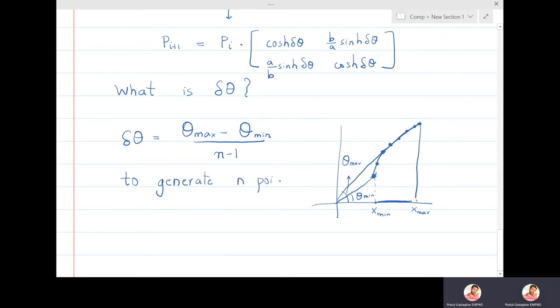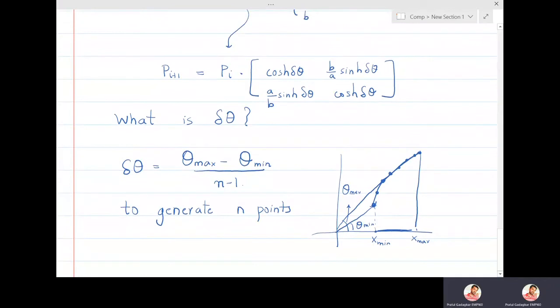Why am I taking n minus 1? I hope that is clear, because the arc is an open arc, it's not a closed arc. So we understand that this will be our recurrence formula to generate the points. This will be the value of Δθ that we are going to need here.